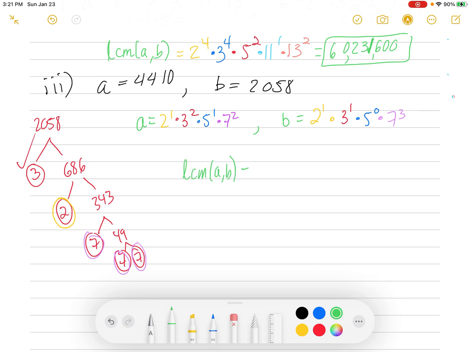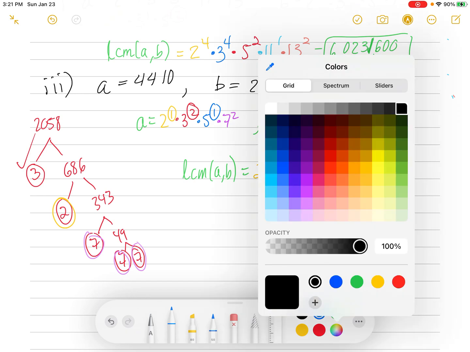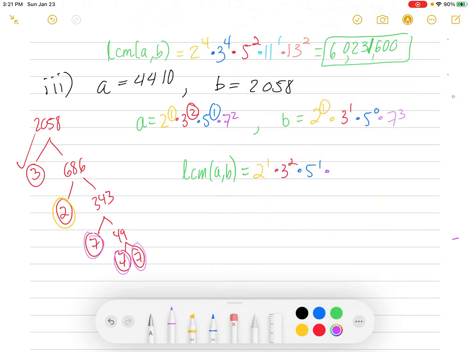So if I'm finding the LCM of A and B, we're going to take the common prime of 2, and the maximum power here is just 1. And for 3, we have a prime with a maximum power of 2. And we have a prime of 5 with a maximum power of 1. And we have a prime of 7 with a maximum power of 3.